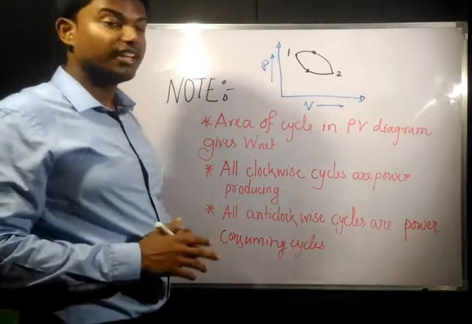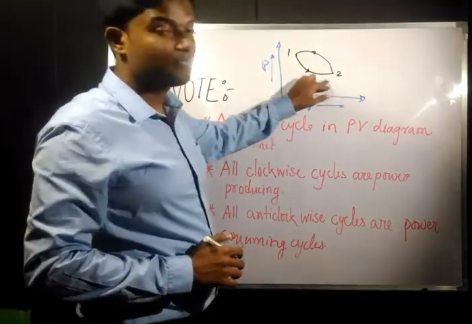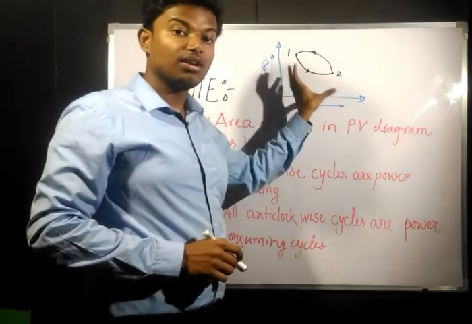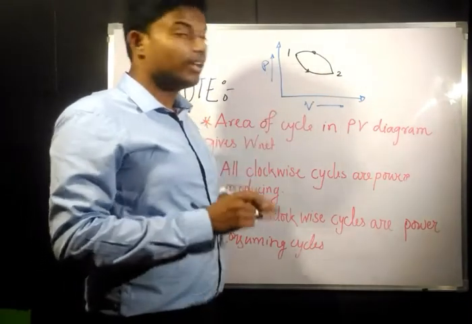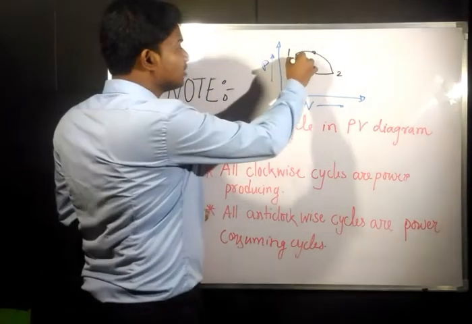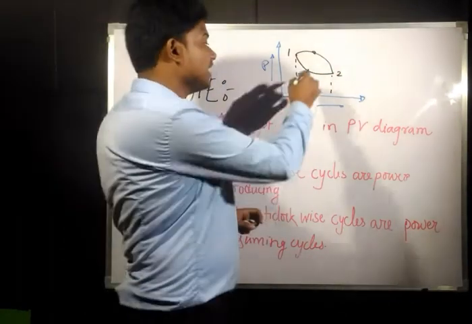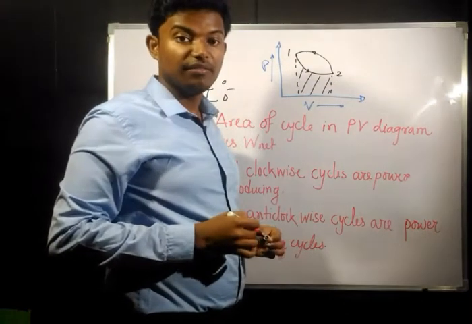We have also said that the area under the plot, when projected on the volume axis, is going to give us the work done or negative work, whichever it may be.